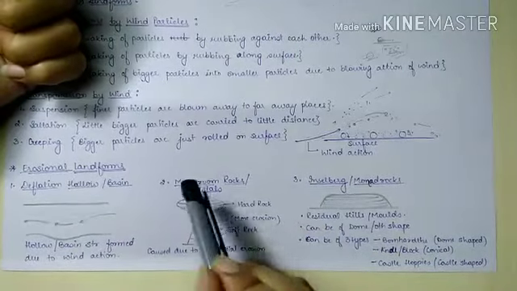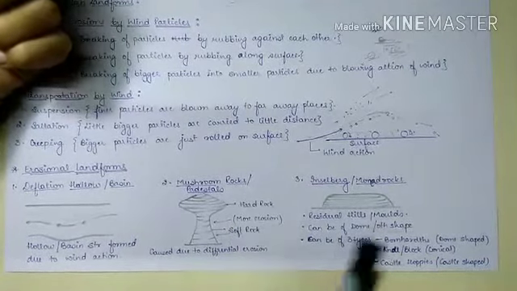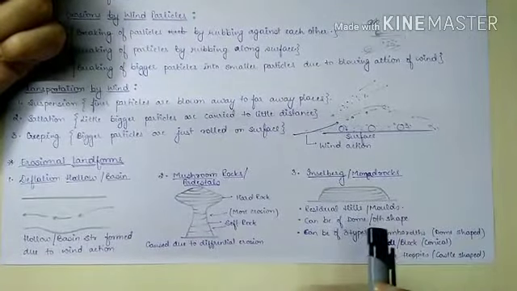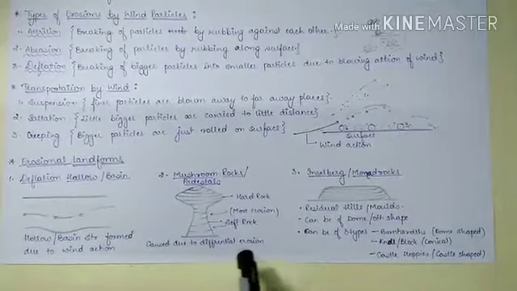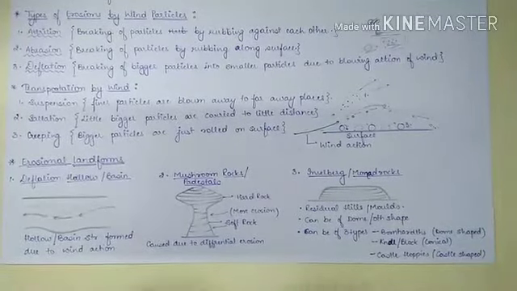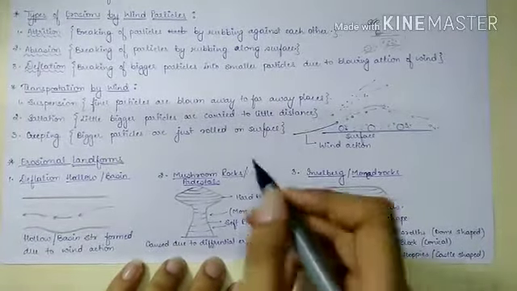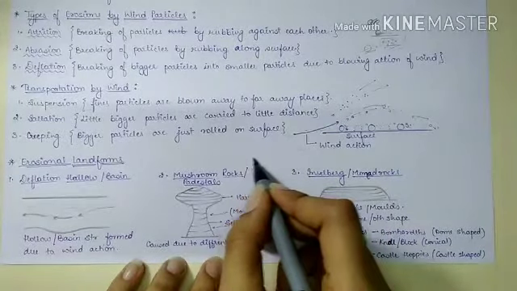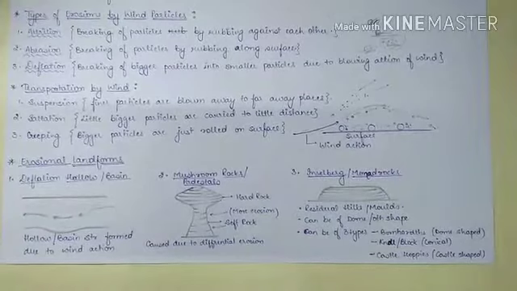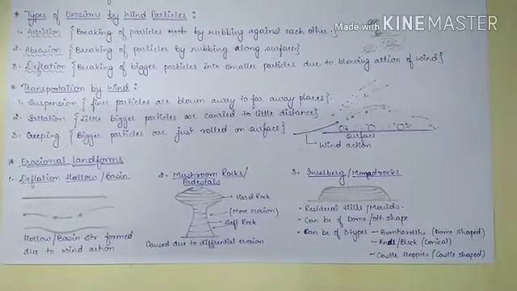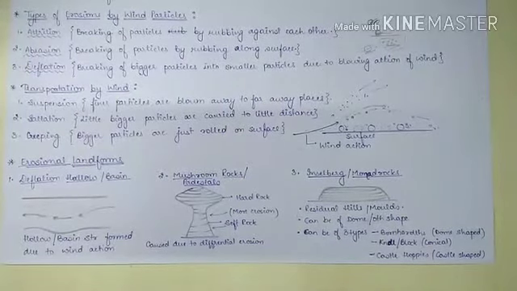Next is mushroom rock or pedestal. Mushroom rock is also known as pedestal. It is caused due to differential erosion. How is it differential erosion? See, in differential erosion, hard and soft rocks are placed alternately, one upon the other, because of which the harder rock is eroded less, while the softer rock is eroded more.